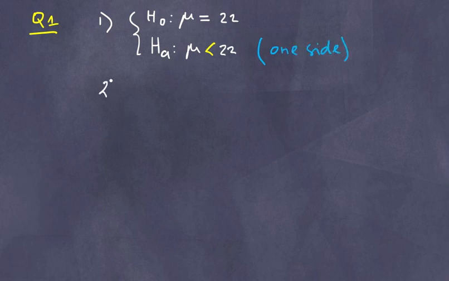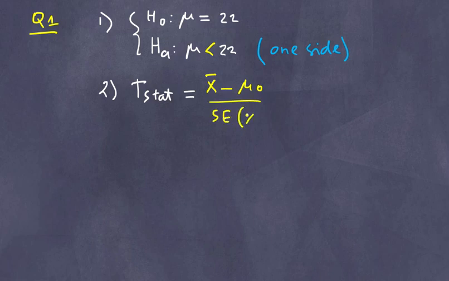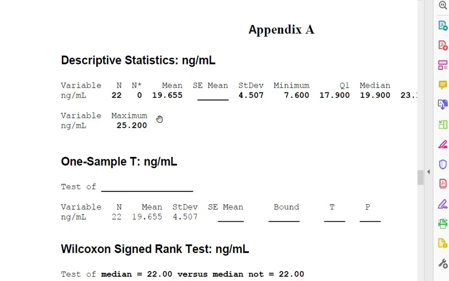Now, in step 2, we need to compute the t-stat: x bar minus mu 0 over the standard error of x bar. Right? SE of x bar is S divided by the square root of n. X bar is 19.655, n is 22, and the sample standard deviation S is 4.507.